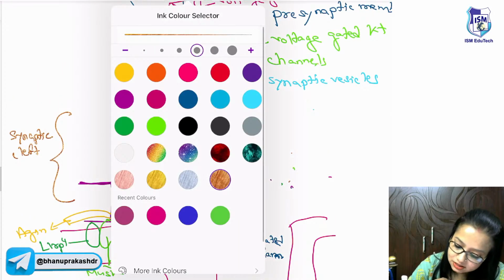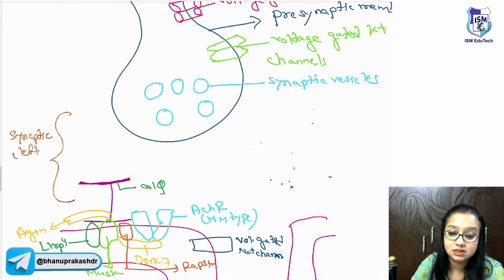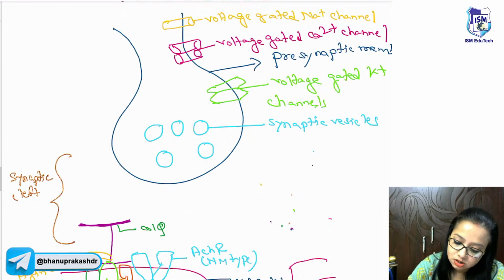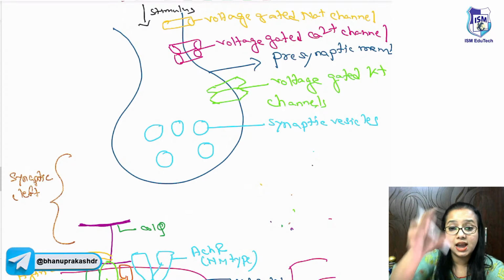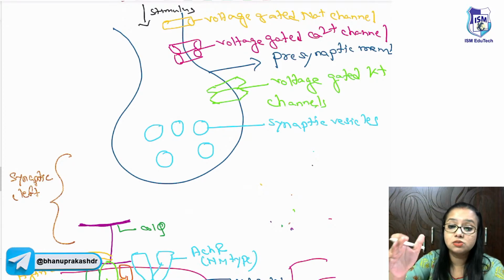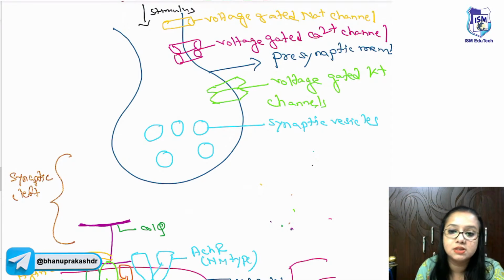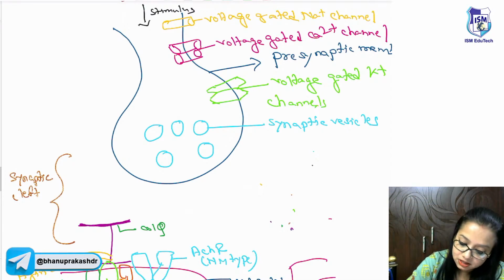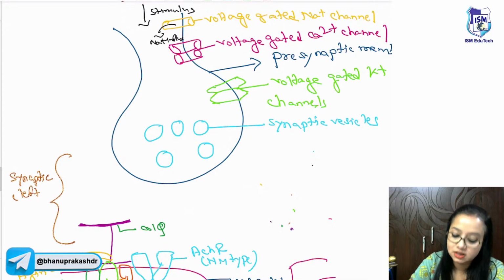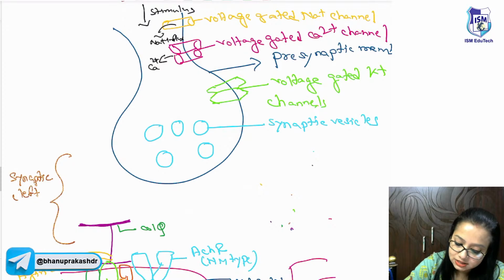Okay. Now going by the events. What is the event that is happening? Whenever there is a stimulus of threshold level, like an electric impulse, that means when the action potential wave is flowing down from the cell body through the axon to the terminal region. When this is happening, there is sodium influx, right? The sodium influx will cause calcium entry.